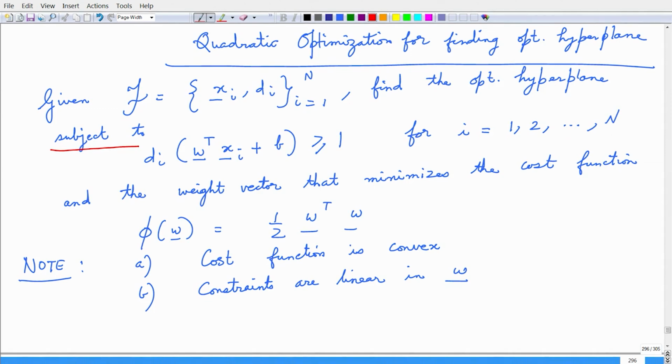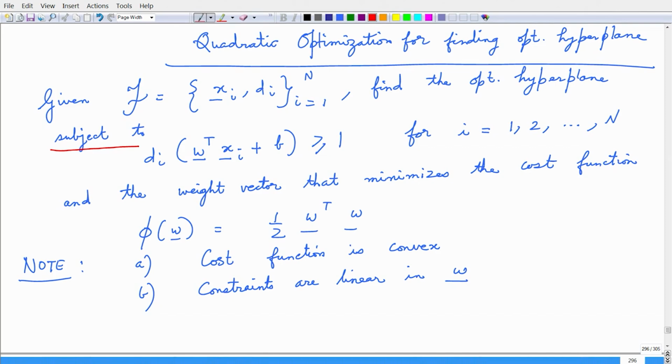What this means is, when W transpose xi plus b is positive, di is plus 1, and when W transpose xi plus b is negative, di is minus 1.